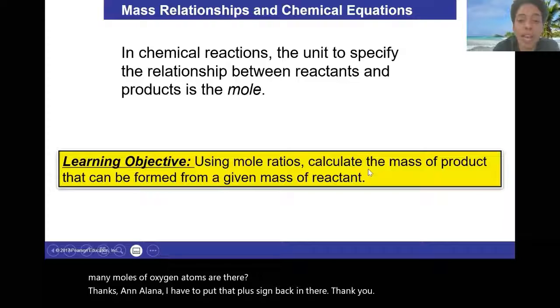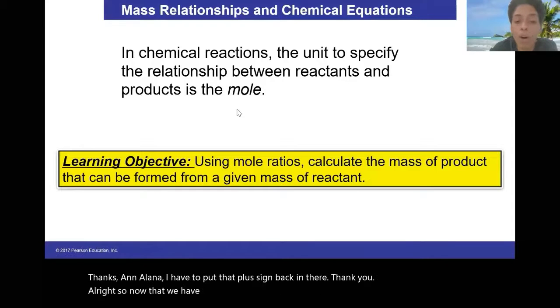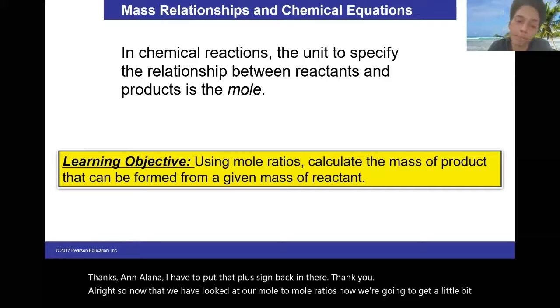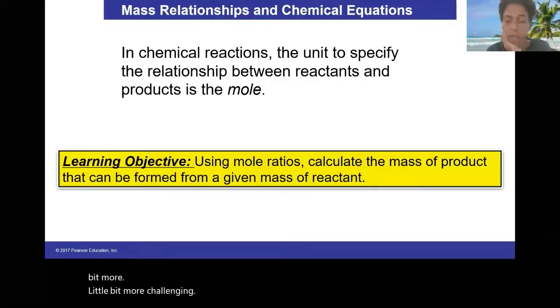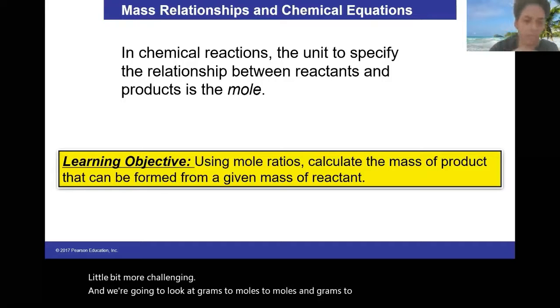Now that we have looked at our mole to mole ratios, now we're going to get a little bit more challenging. And we're going to look at grams to moles, and grams to moles to grams, right?